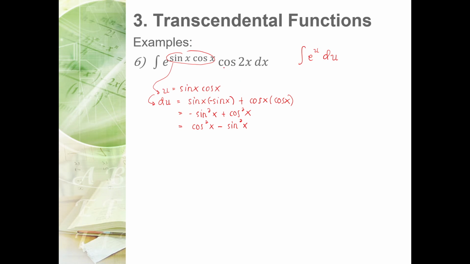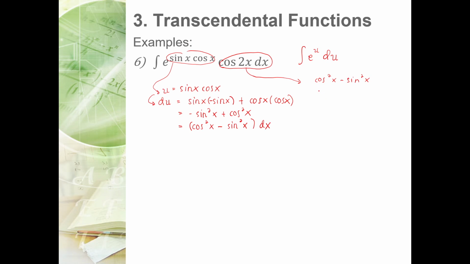So notice that the term here to be replaced is cosine 2x dx. If you try to recall your trigonometric identities, one of which is the double angle formula. For double angle cosine, that's cosine squared x minus sine squared x.